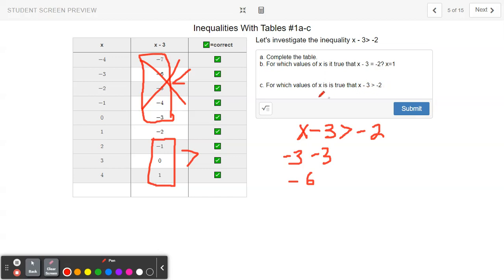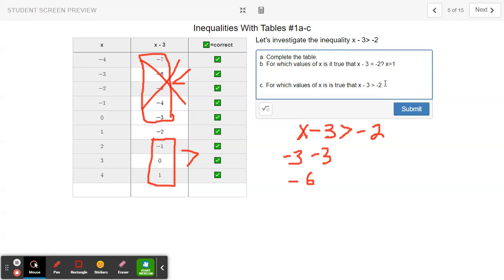So what we could write in for this part here is, and I'm actually going to make it an inequality sign, so we know it would be x. In order for this to be true, x has to be greater than 1.